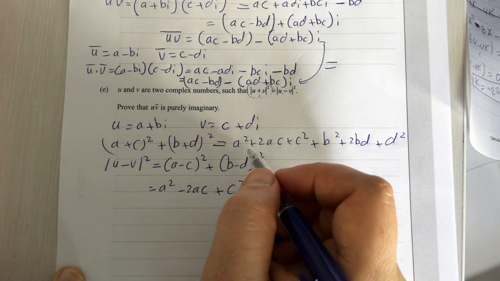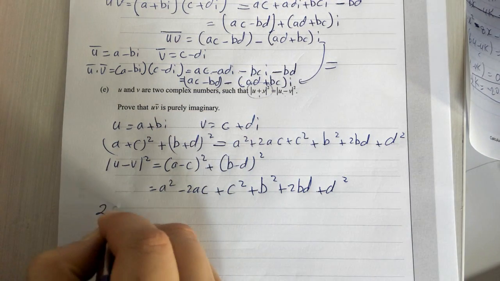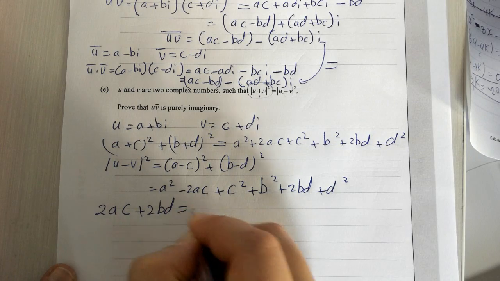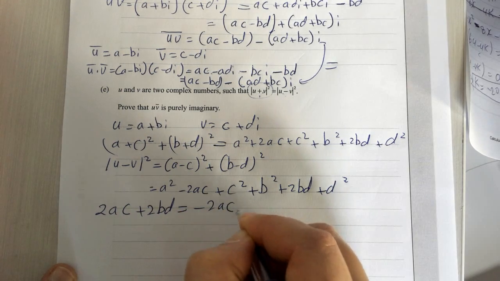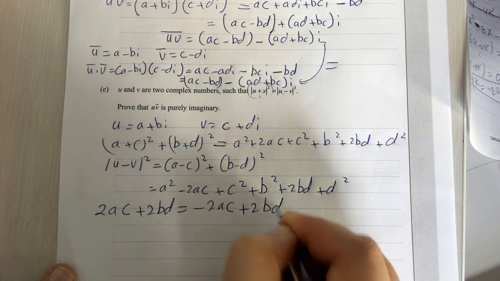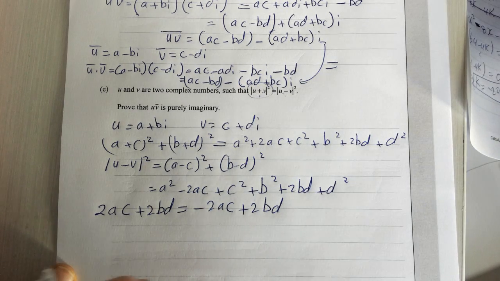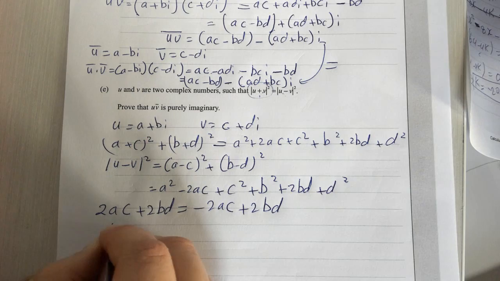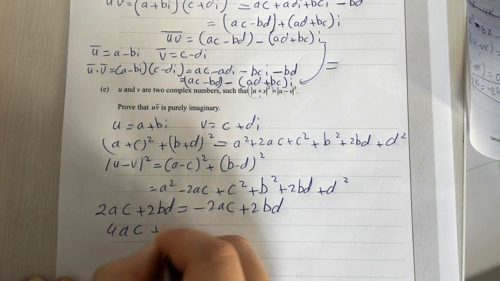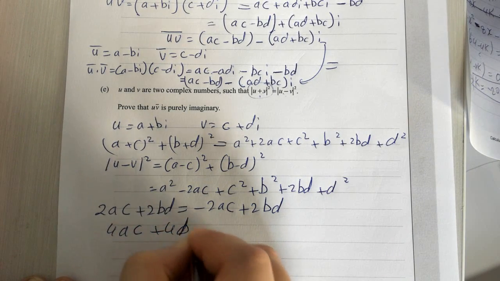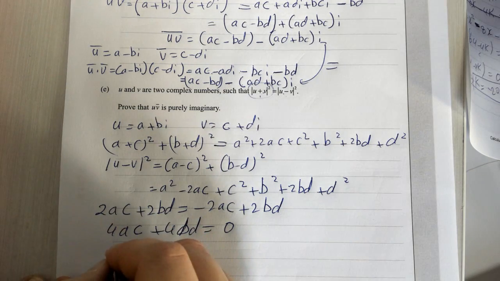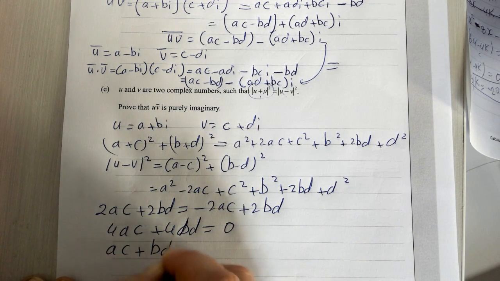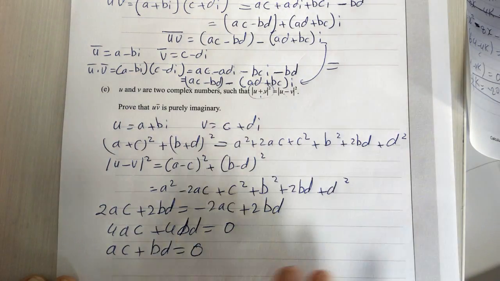So that gives 2ac plus 2bd, which is the same as negative 2ac minus 2bd. Which means 4ac plus 4bd equals 0 if you rearrange. Which gives me ac plus bd equals 0 if I keep simplifying.